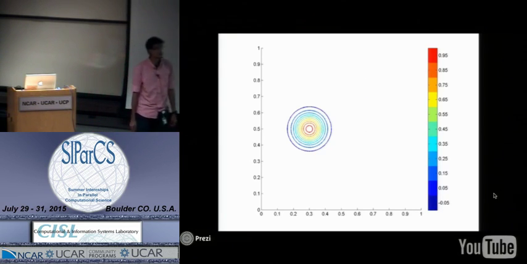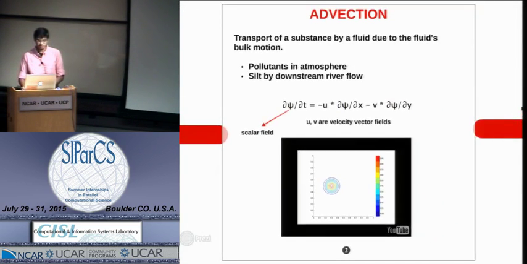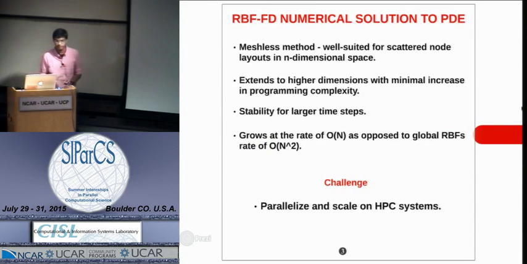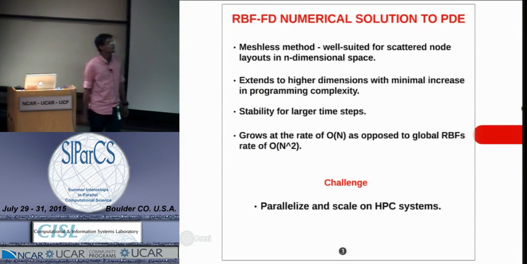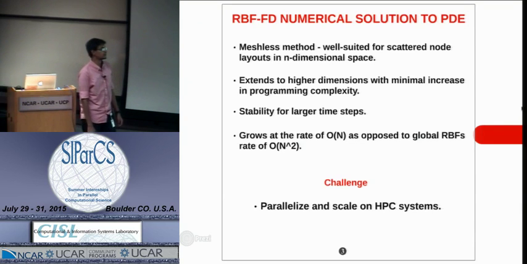We have many numerical methods to solve PDEs, and we use the radial basis function finite differences method. Why? It is a meshless method as compared to the traditional finite differences and finite elements, and it's well suited for scattered node layouts in n-dimensional space. It also extends to higher dimensions without much increase in complexity, and it is stable for large time steps.